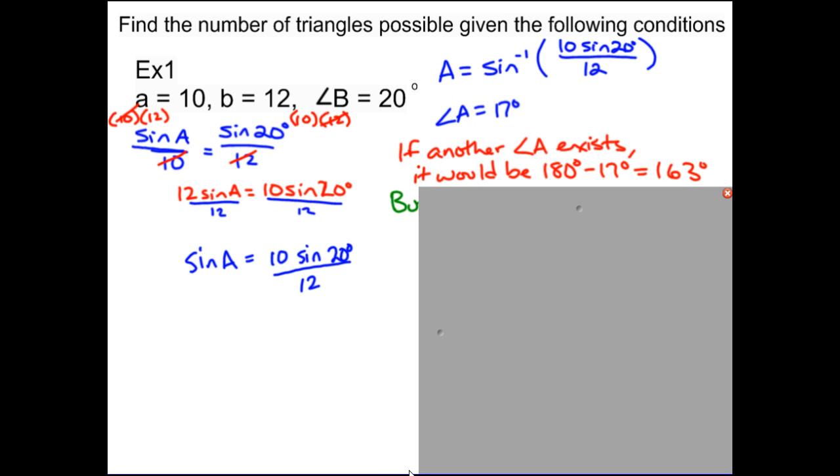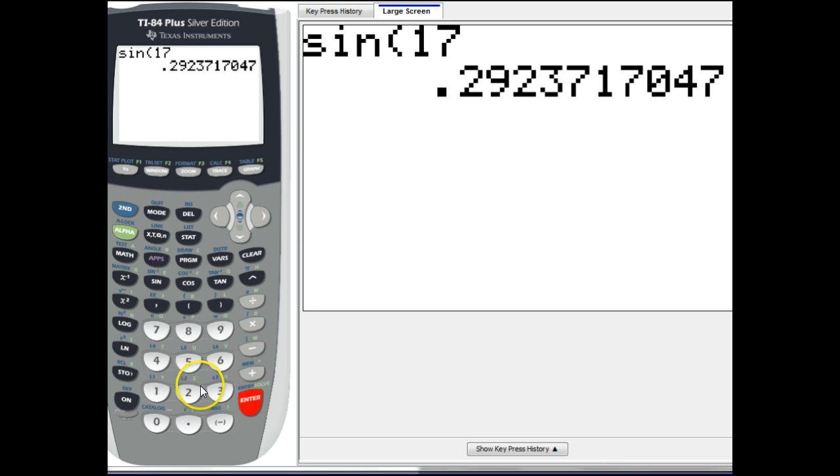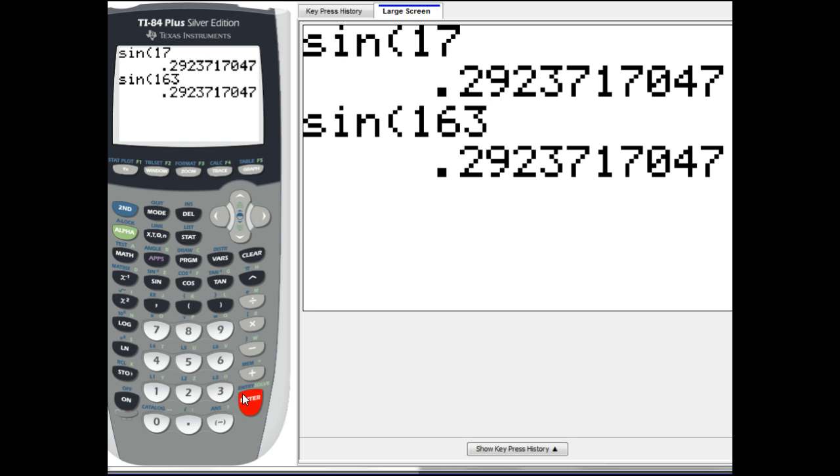I want to show you how that works on the calculator, so please grab your calculator. Okay, we're going to type in the sine of 17, and we're going to type in the sine of its supplementary angle, 163. Notice how they're exactly the same?